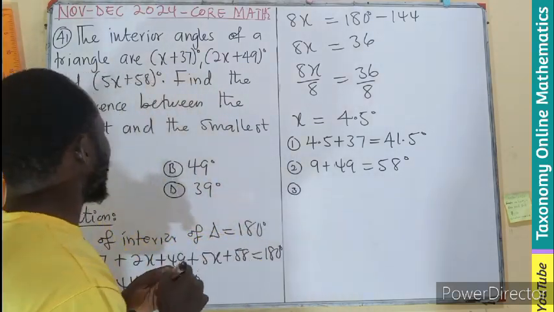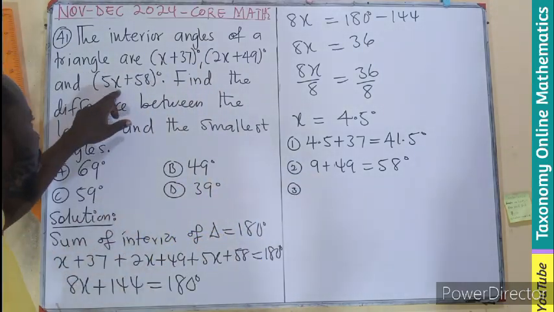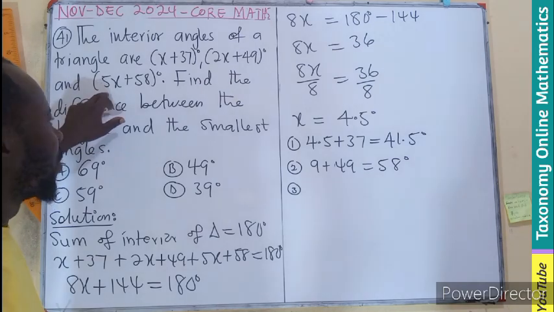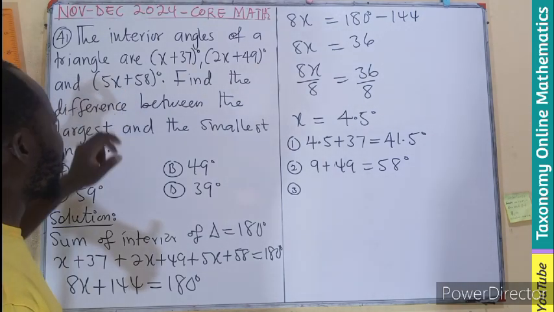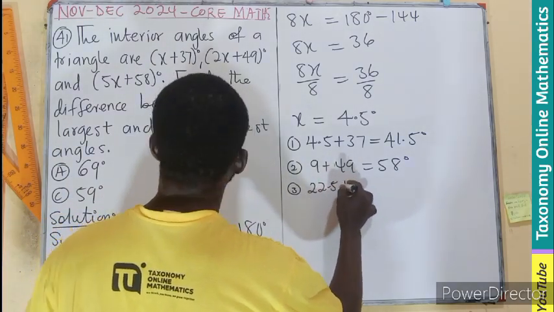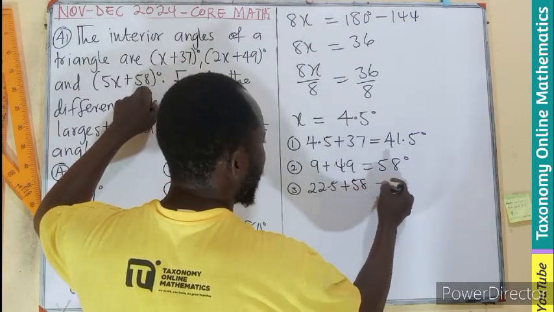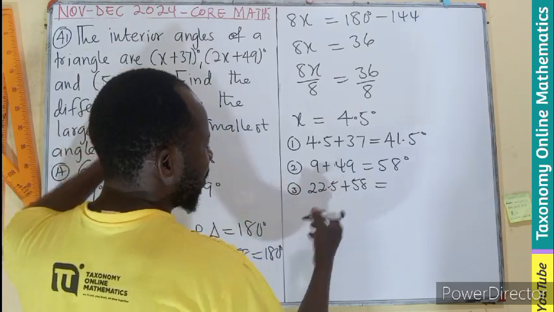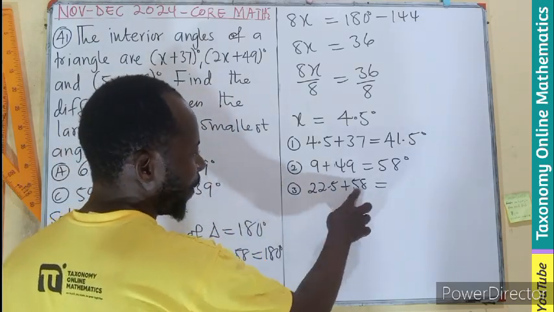The third angle is going to be 4.5 times 5, that is going to be 22.5. So 22.5 plus 58 will give us 80.5.